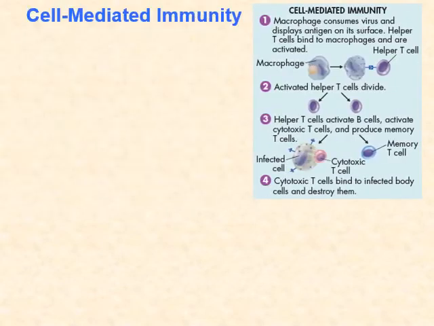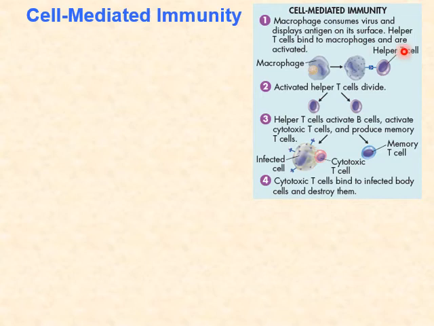How does the cell-mediated immunity work? As you can see on this diagram, a macrophage consumes a virus or any other pathogen and displays the pathogen's antigen on its surface. Then helper T cells bind to the macrophage and are activated.